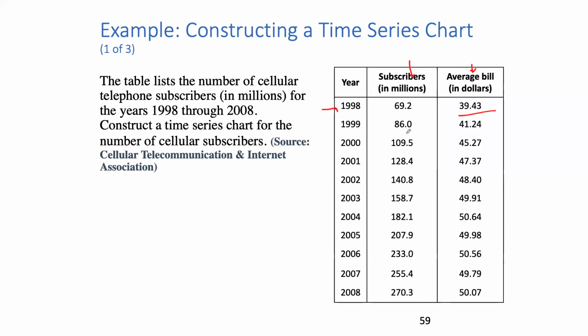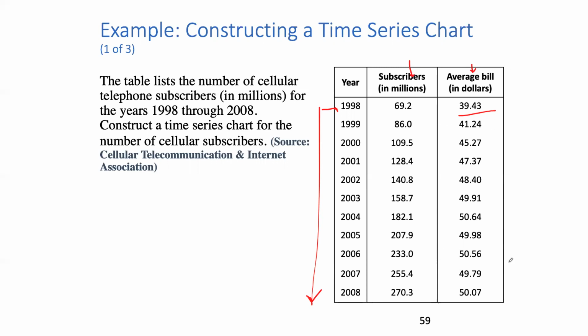By 1999, 86 million, and so on and so forth. So you can see what is happening. We're looking at the same variables. We're not changing what we are looking at. We're just measuring the same variable at different points in time, right? The axis that's changing is the time axis. The variables that we're measuring themselves are fixed, and those values are evolving over time.